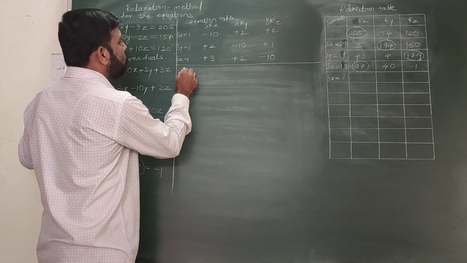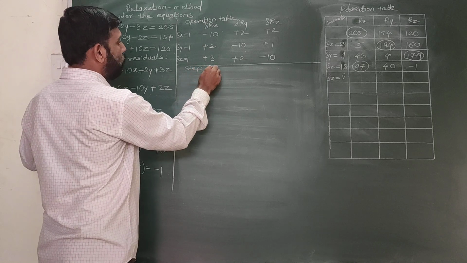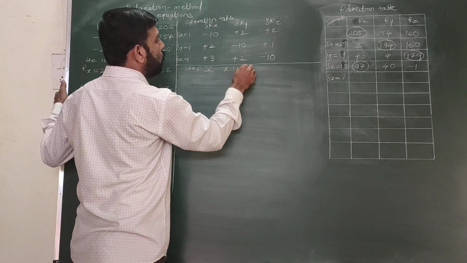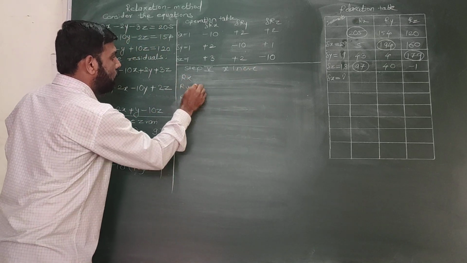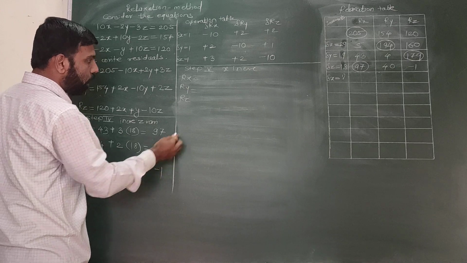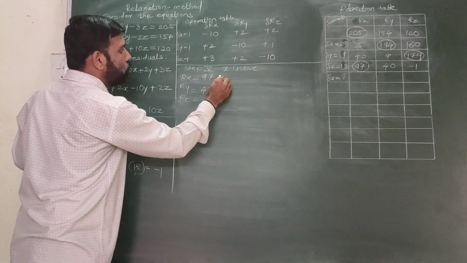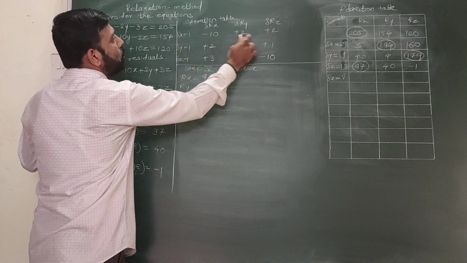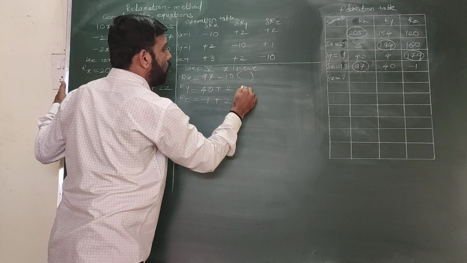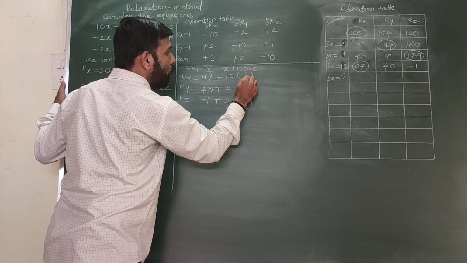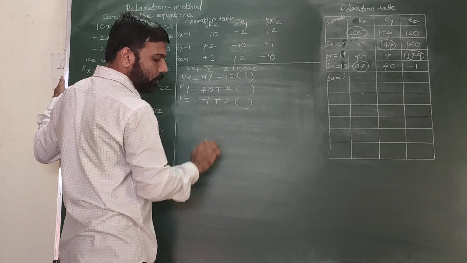Step 5, x increment. Write down Rx, Ry, Rz. Previous values we have calculated, 97, 40, minus 1. Increment in x, so this row will consider in the bracket only for x. This is the question mark. Choose increment only for x variable.